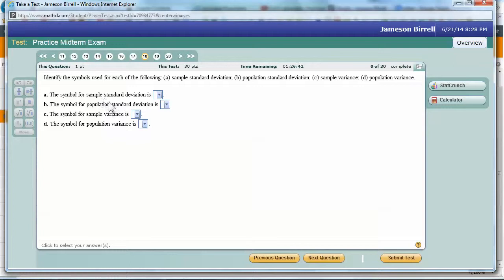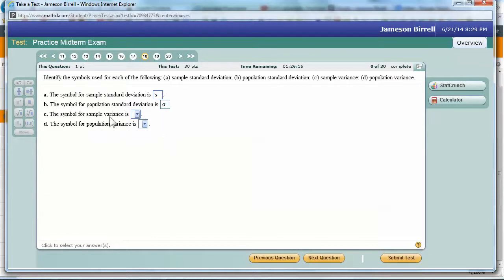And it is much better if we know this by memory. Don't get me wrong. We're supposed to be able to get this down deep into our mind. The symbol for the sample standard deviation is s. Let's see, is that right? Sample standard deviation, yep. And the symbol for the population standard deviation is sigma.